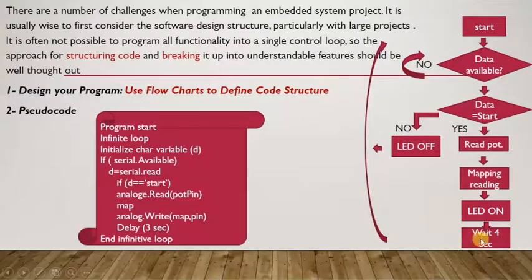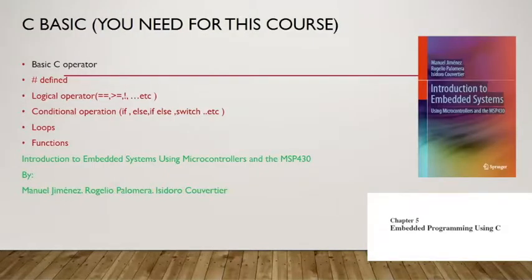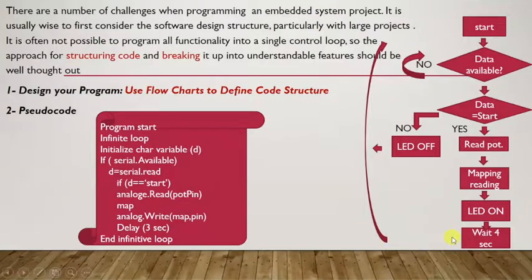So if you don't use a delay function, you will not see the LED is on. It will be very fast. You cannot sense it. So you must use a delay function. After you turn on your LED, you delay 4 seconds, then you start your loop over and over again.